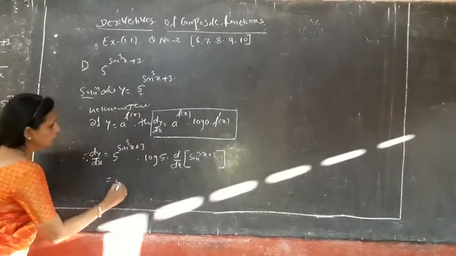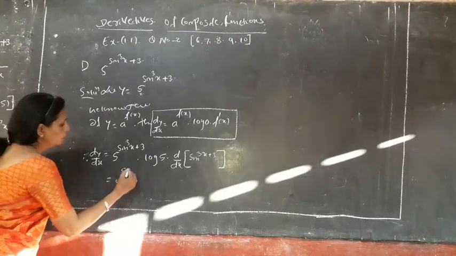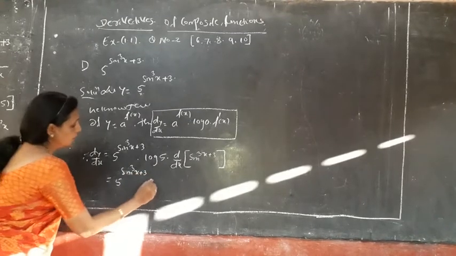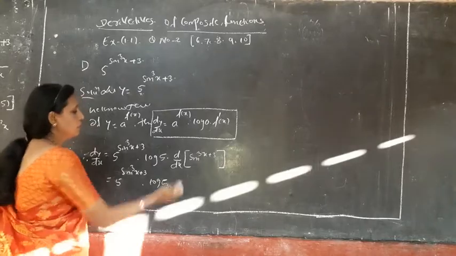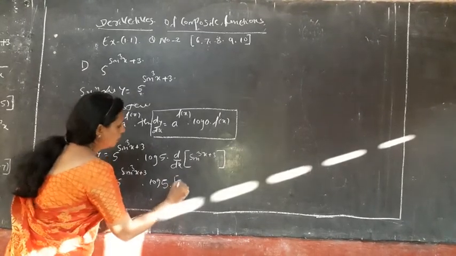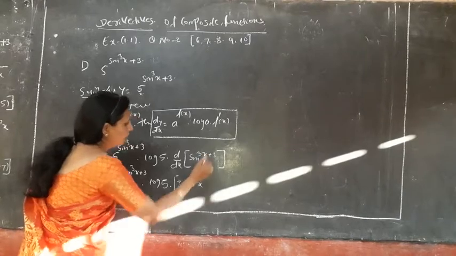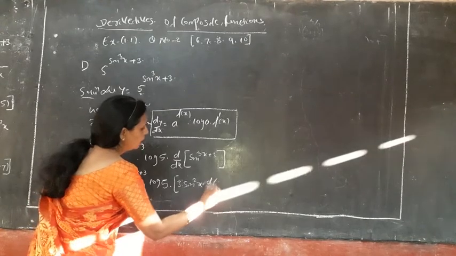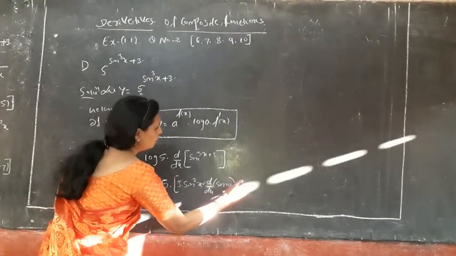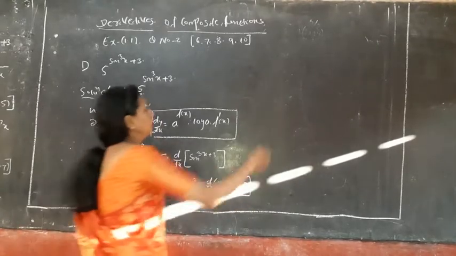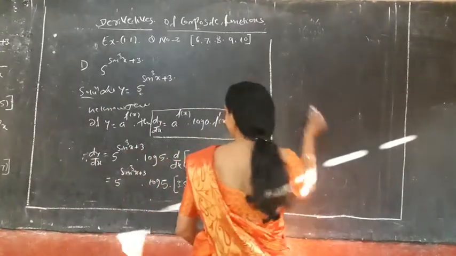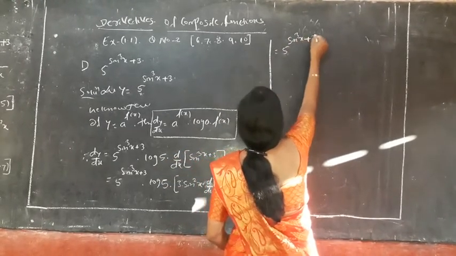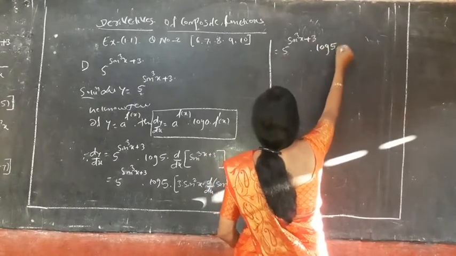This is equal to 5 raised to sin cube x plus 3 into log 5. Next, differentiation of sin cube x is 3 sin square x into d dx of sin x, and differentiation of 3 is 0.